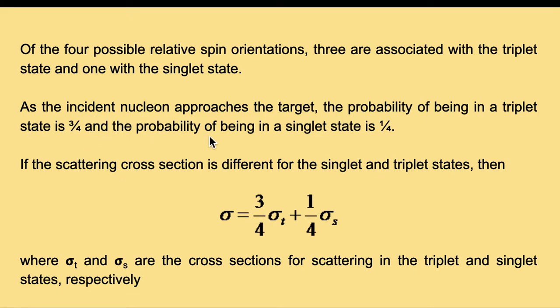So as the incident nucleon approaches the target, the probability of being in a triplet state is 3 by 4, and the probability of being in a singlet state is only 1 by 4.